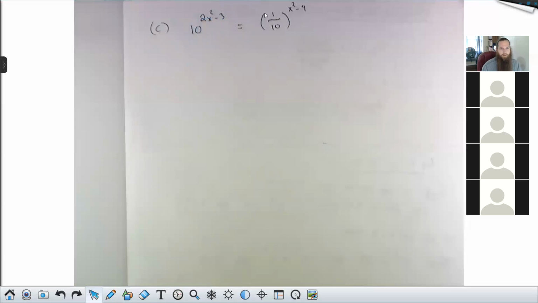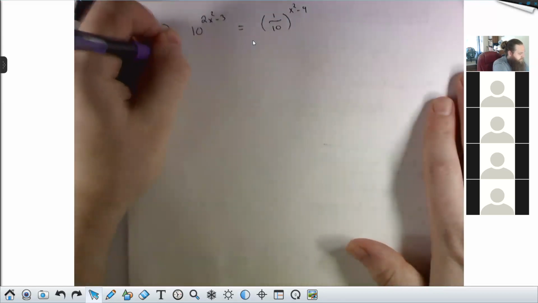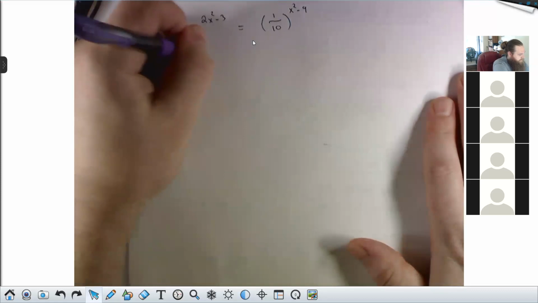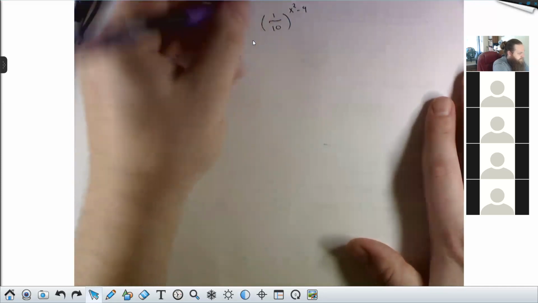The right-hand side is a power of 1/10. So if I can write both the left and right-hand side as a power of 10, I'm on my way. So first things first. Note that 1/10 is 10 to the negative 1.